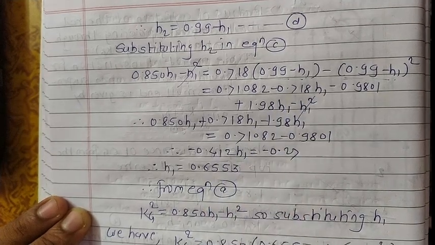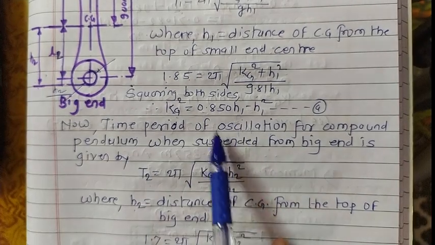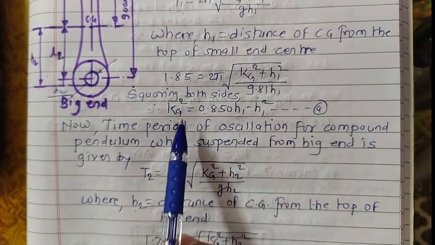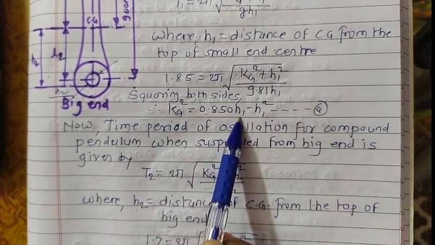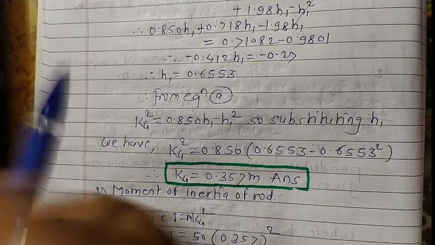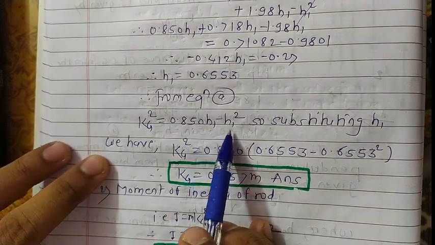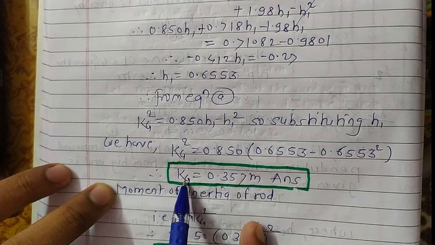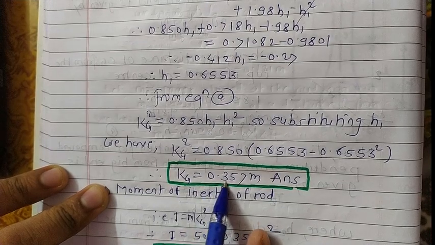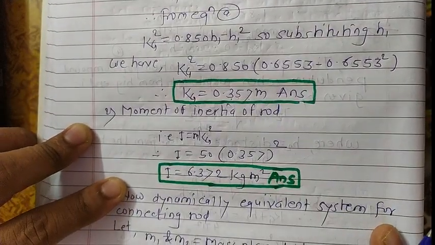From equation number 1, or equation A, in terms of kg and H1, once we substitute the value of H1 here, we can get the value for kg. So what do we get here? After simplifying, we get the radius of gyration, kg equals 0.357 meter. The next target is to get the value for mass moment of inertia.